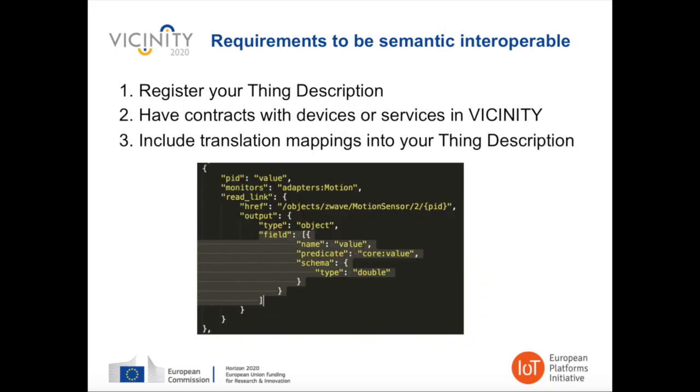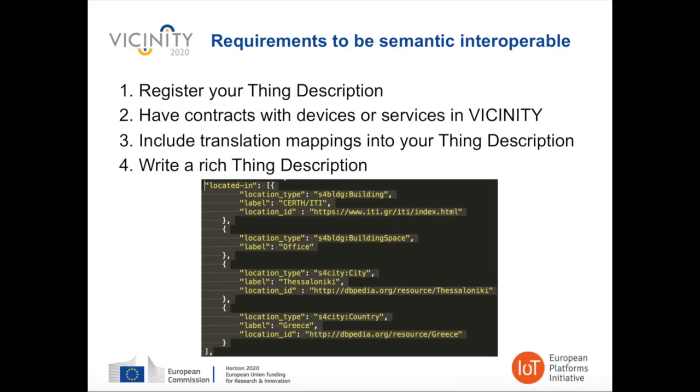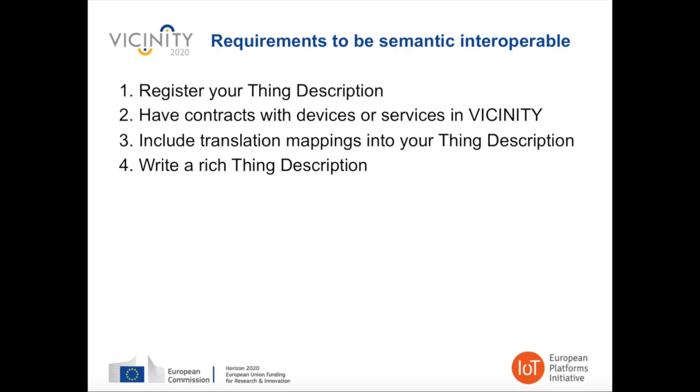Then, what you need to do is to include mappings in your thing description. This is important because otherwise, the component that translates the JSON into RDF will not be able to do so. And then it's also important to write rich thing descriptions, for instance, with the different locations. And with all these steps, we have met all the requirements to be semantic interoperable.